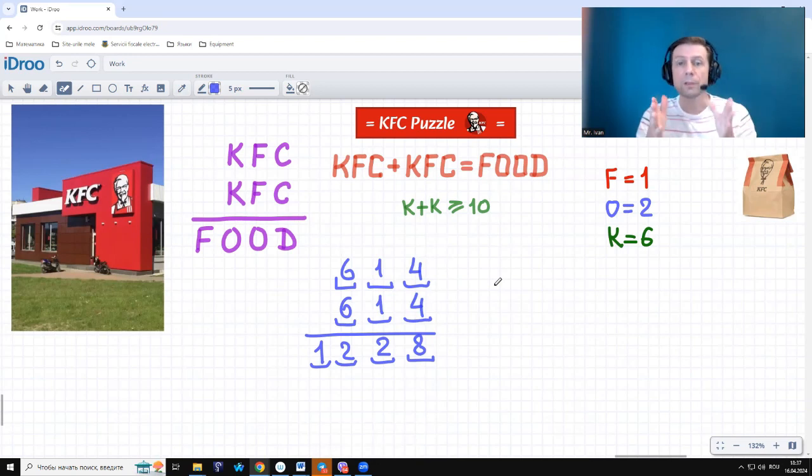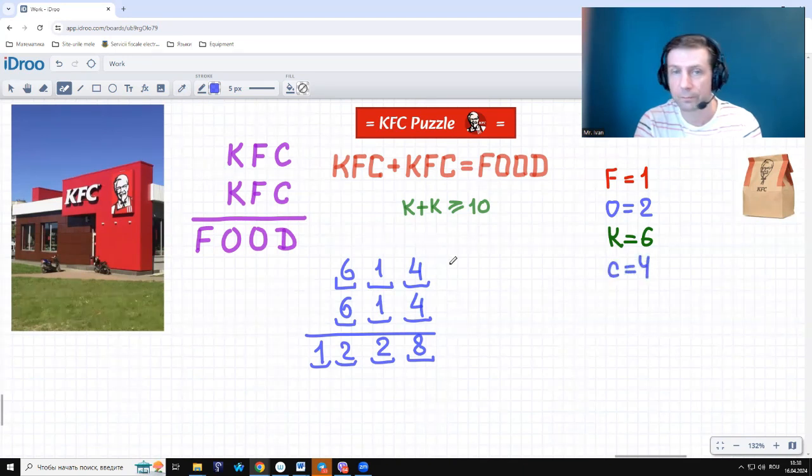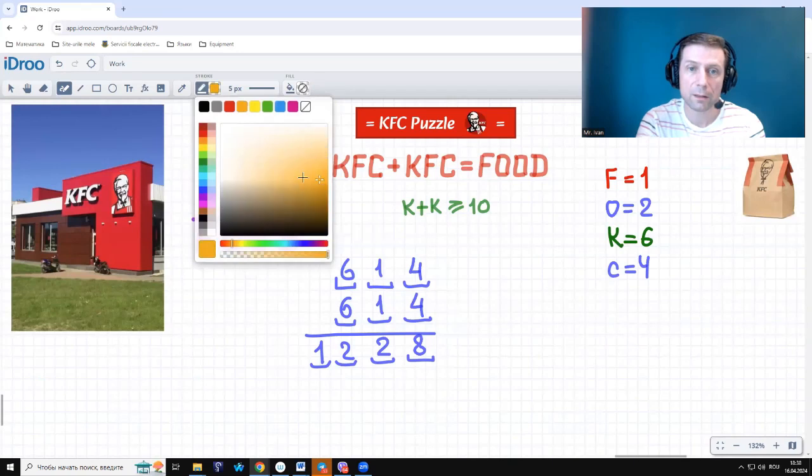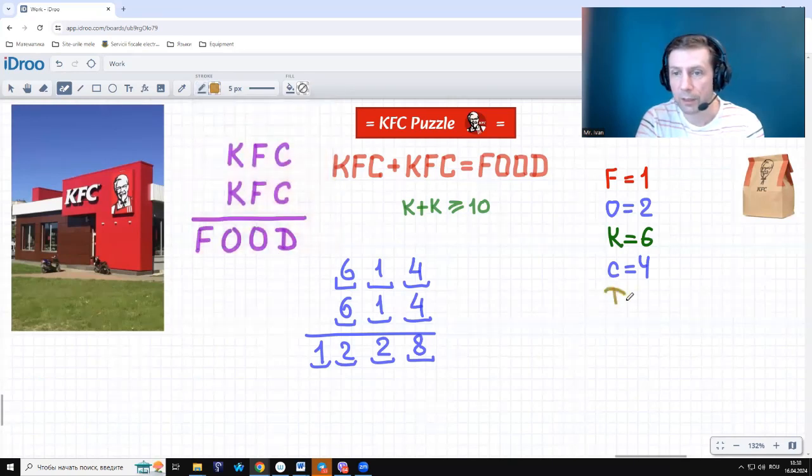Each letter means only one single number from 0 to 9. And that's it. KFC is done. So K equals 6, O equals 2, C equals 4, and D, let's put it this way, D equals 8.